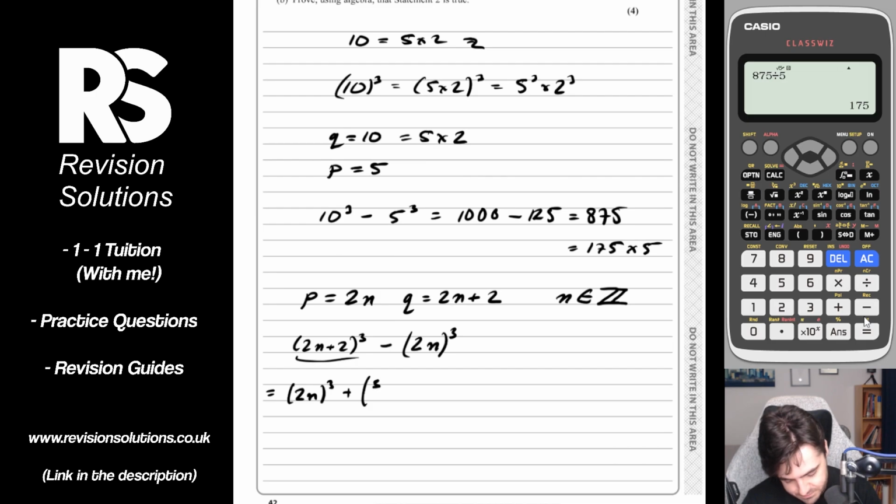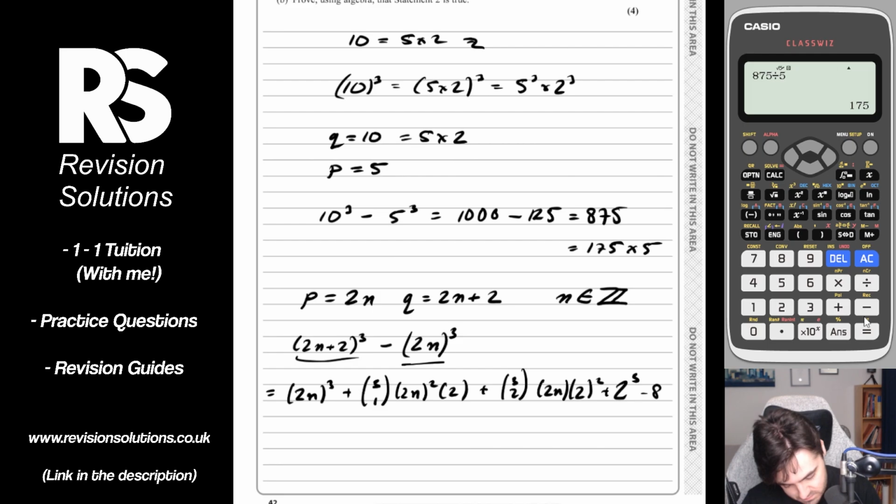Then we'd have 3 choose 1 times (2n) squared times 2. And we'd have 3 choose 2 times 2n times 2 squared. And the last one would be 2 cubed. And then this guy is just 8n cubed, so we take away 8n cubed.